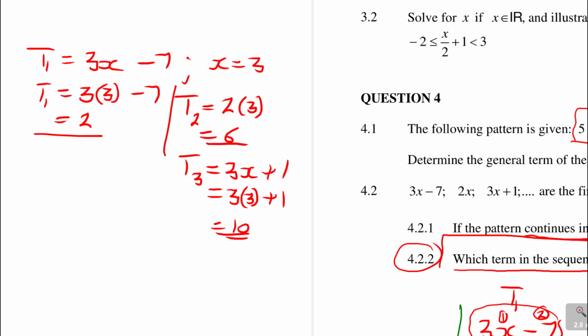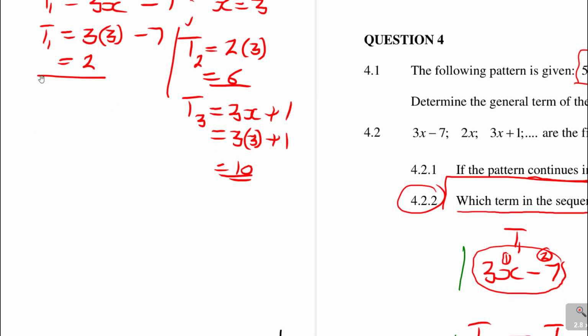So in this case, I'm able now to write my sequence. Start with t1 is 2, so we've got 2 followed by 6, that is my t2, followed by t3, which is 10. So you see that's how this pattern was. This was t1, this was t2, this was t3.